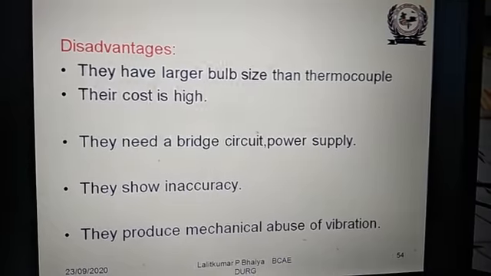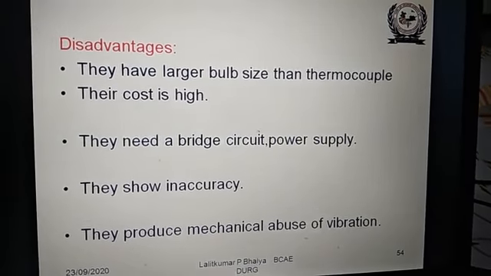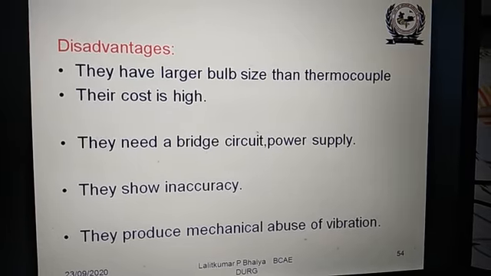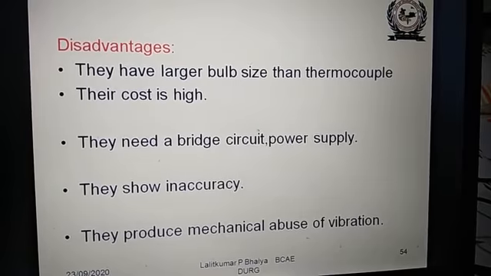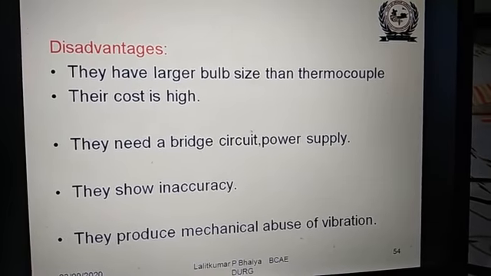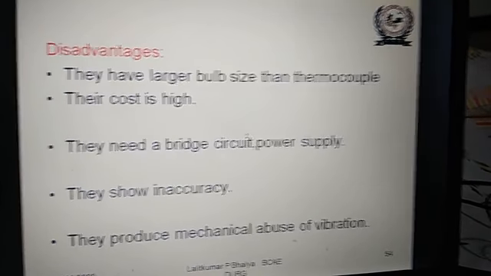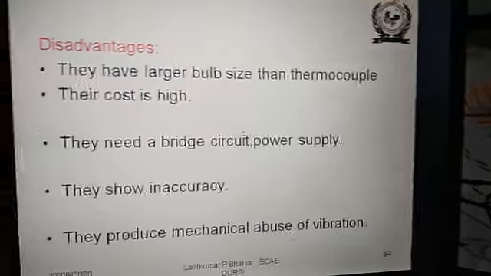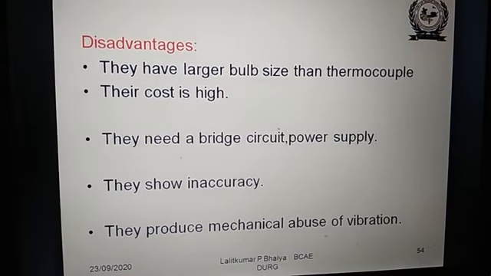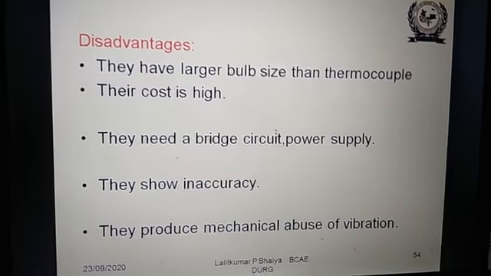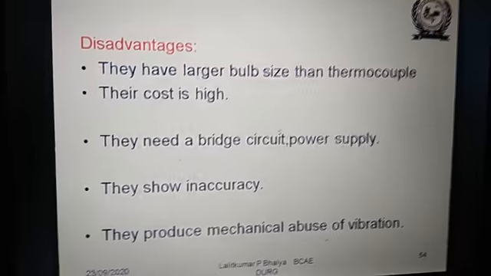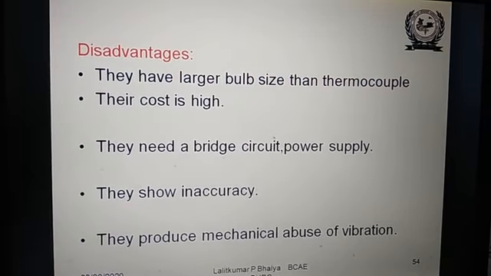It has certain disadvantages also. They have a larger bulb size than a thermocouple, because it is a metallic coil strip having resistance, so it is larger in size. Their cost is high. They need a bridge circuit and power supply.